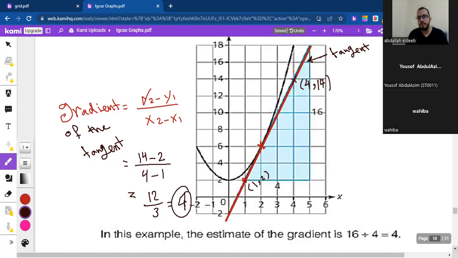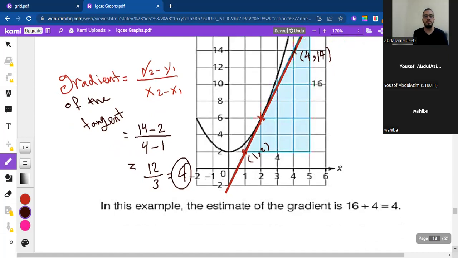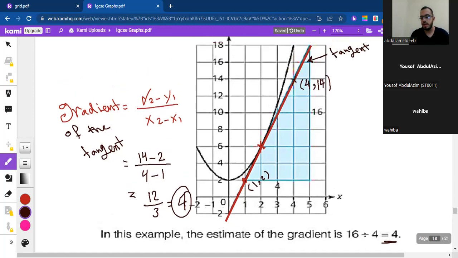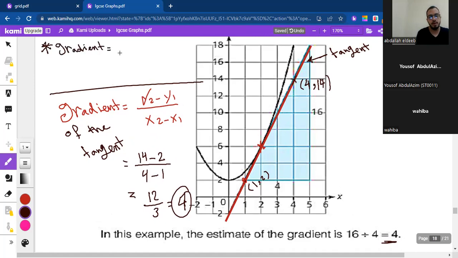See here in the notes, he says the estimation is 4. We can use a different way. We know that the gradient is rise over run. A rise is y, a run is x.